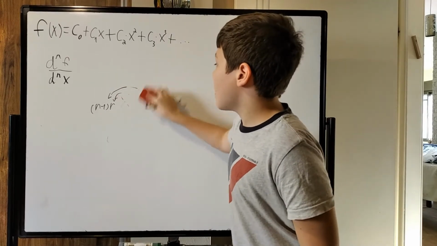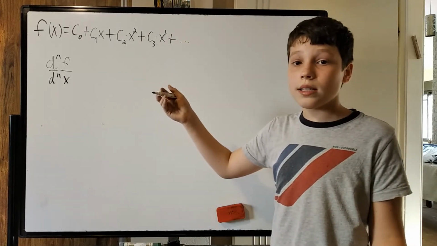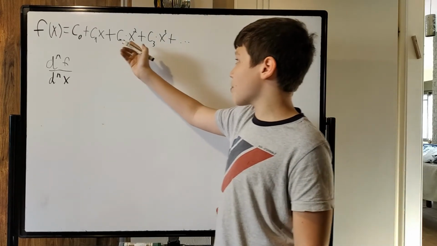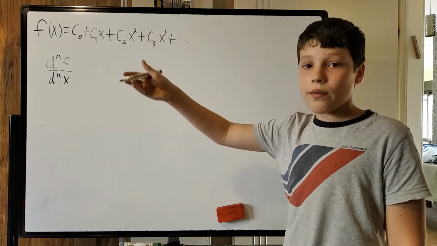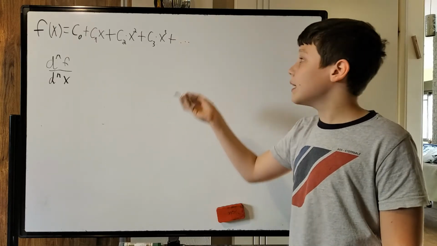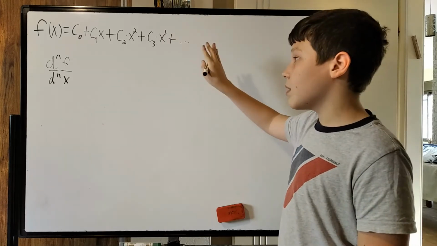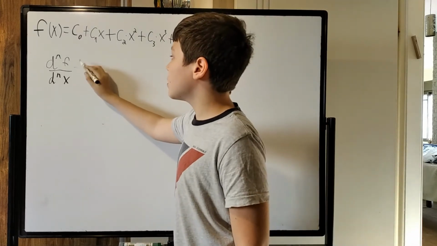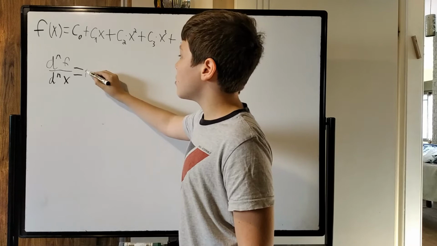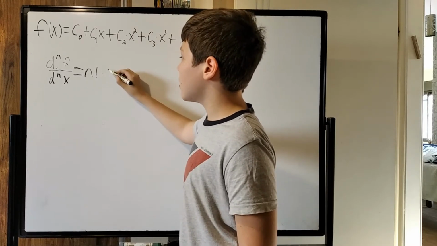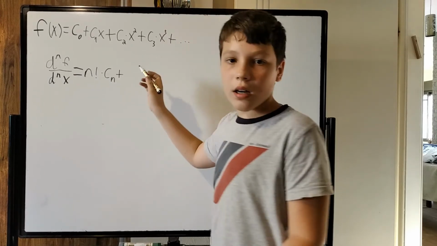The rest of all of those that were constants before, like in the third derivative where we had 6c3, after the nth derivative, which is after the third derivative, say, the derivative of those constants is going to be 0. So we don't have to worry about the derivative of the constants because they are all 0. You just have to worry about the constant, which is n factorial times c of n, plus a bunch of other stuff.